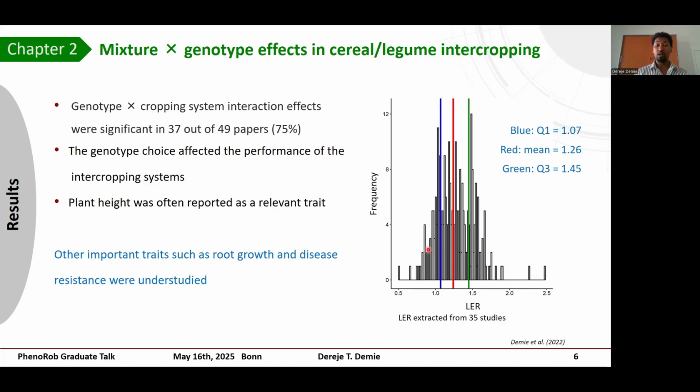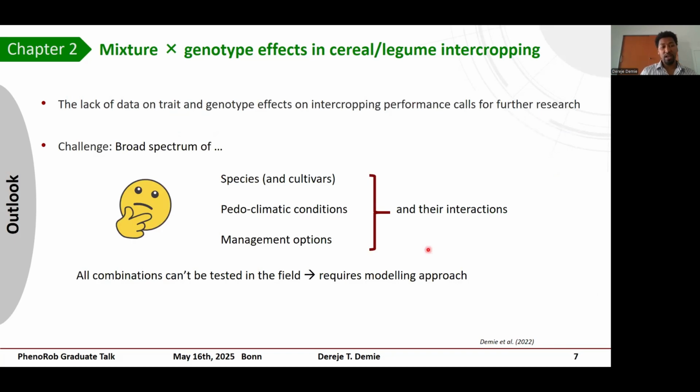Therefore, the choice of genotype for an intercropping system is crucial. But what we have found is a lack of data, especially on traits and genotype effects in intercropping systems, which calls for further research efforts. There is a challenge, though, because we have a broad spectrum of species: different species of cereals and legumes, pedoclimatic conditions, and management options.